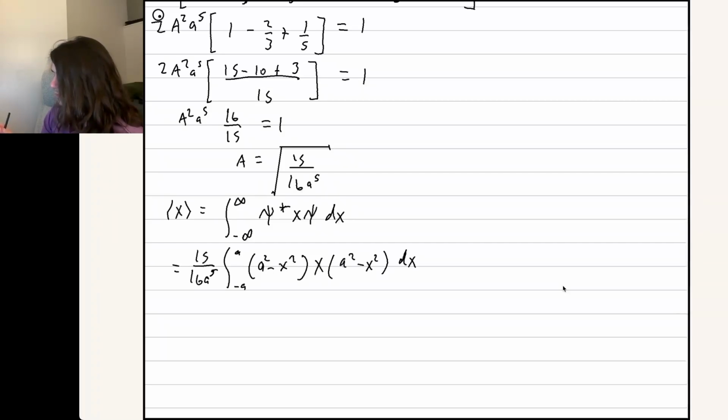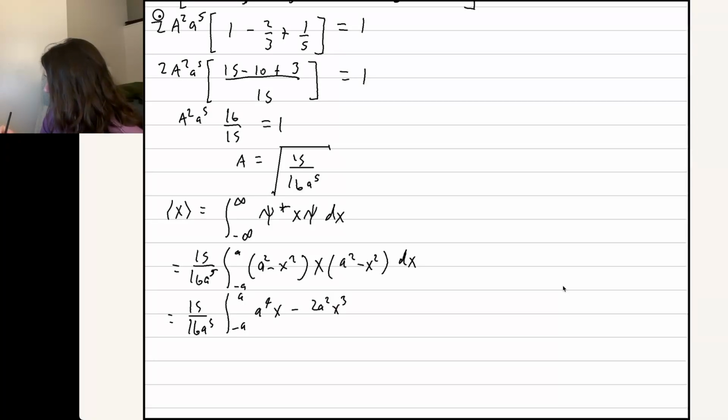So it's going to be the same polynomial that we've had before, just multiplied by an additional x. So it's going to be a to the fourth x minus 2a squared x cubed plus x to the fifth. That's what we're integrating. We'll do the integration again. It's just another power law integral.